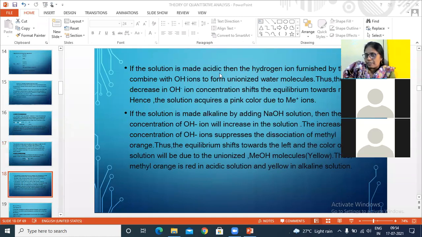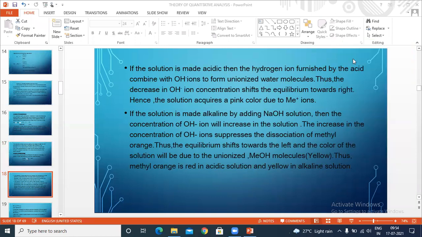If the solution is made acidic, then the hydrogen ions furnished by the acid combine with OH minus ions to form unionized water molecules. So methyl orange, as it is a weak base, contains OH minus ions when it is ionized. So in the acidic medium, we can expect H plus ions, for example, in presence of HCl.